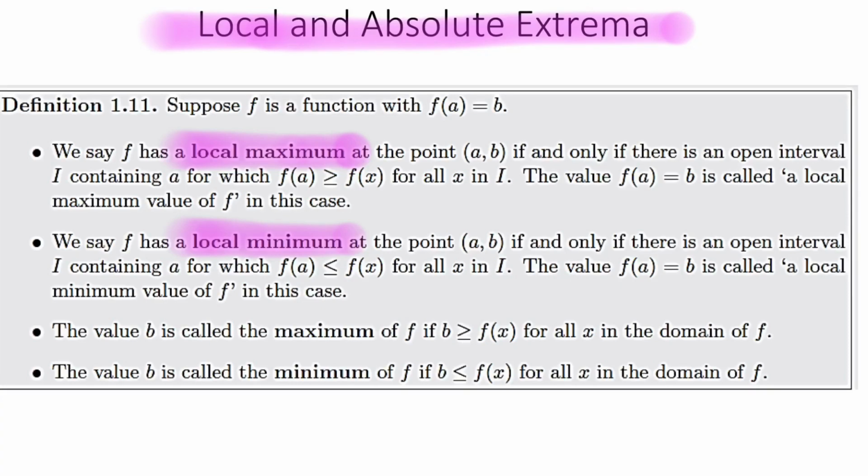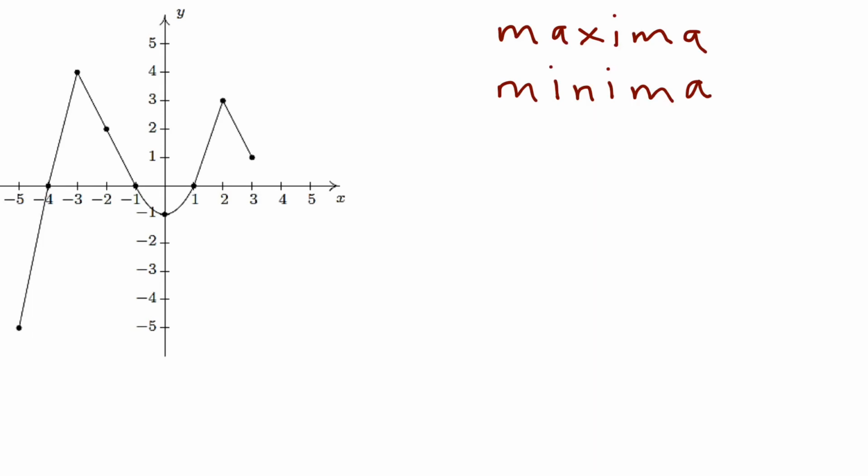In this textbook, when we talk about a maximum or a minimum, we're referring to what many texts will call the absolute maximum or the absolute minimum of the function over the whole entire domain. So let's take a look at our example graph and find out where the absolute maximum and the absolute minimum lie. I'm looking at this function over its entire domain now.